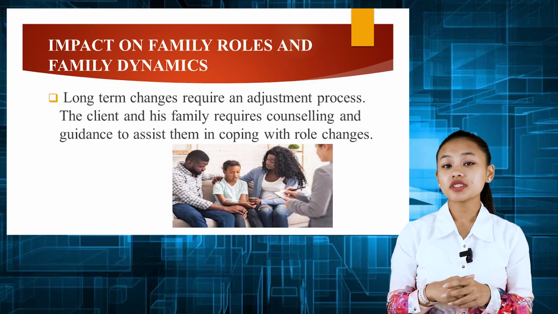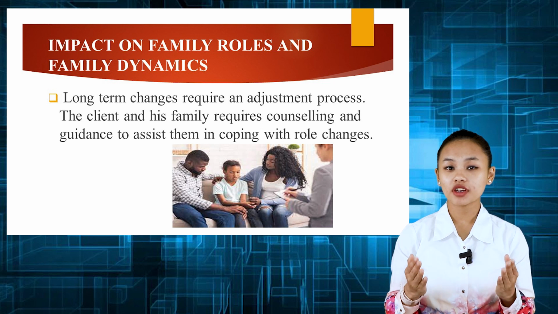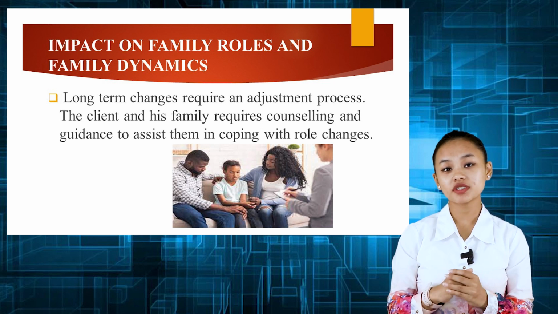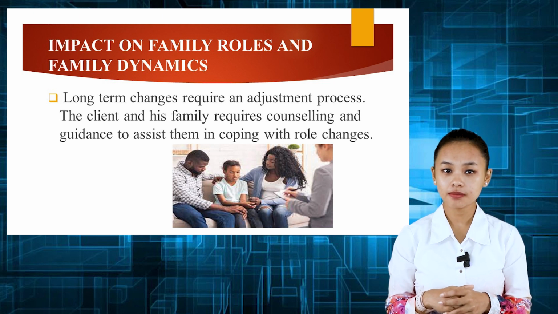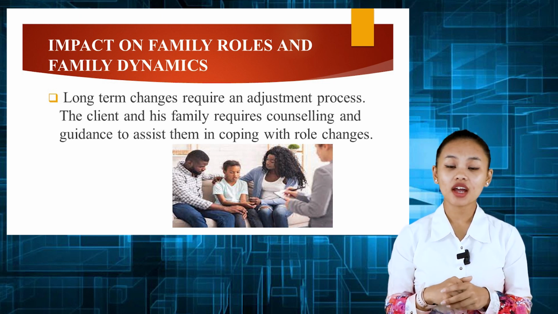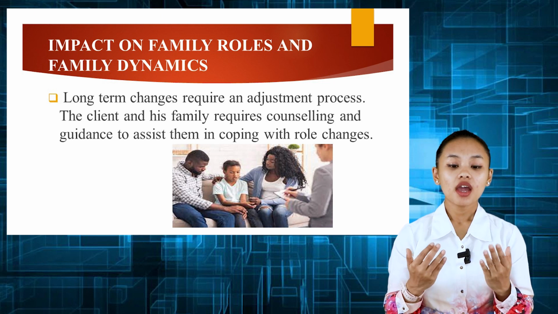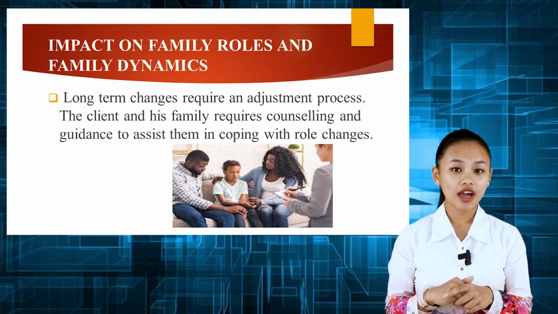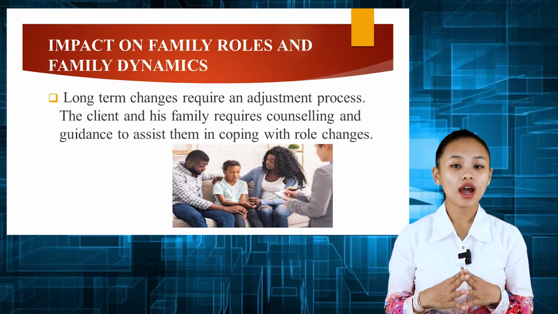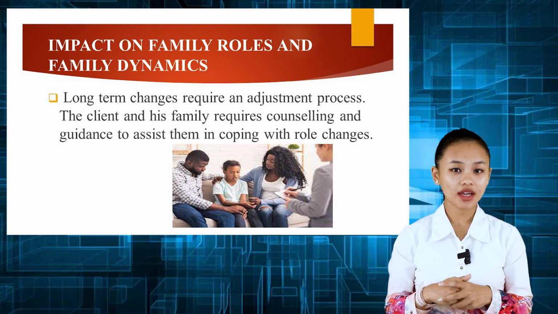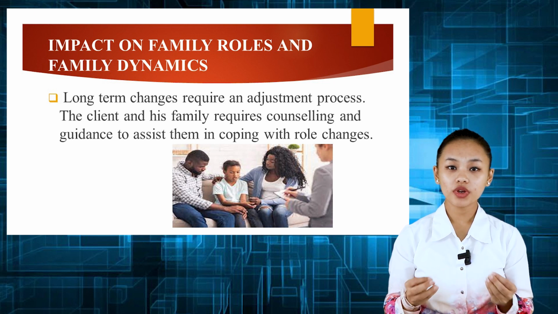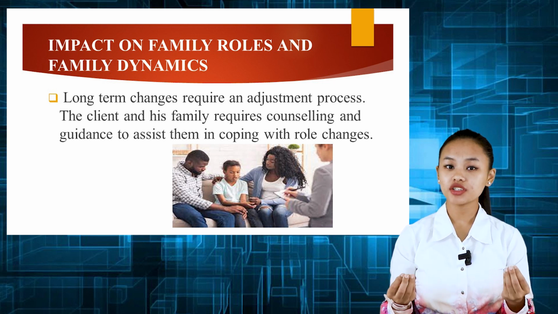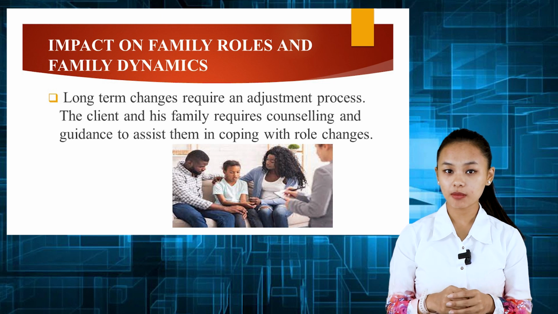But if a person is suffering from a life-threatening disease or from diseases which usually last for a long duration of time, it requires an adjustment process. Here, the client and his family members will need guidance in order to assist them to cope with the various role changes that can occur in the family.